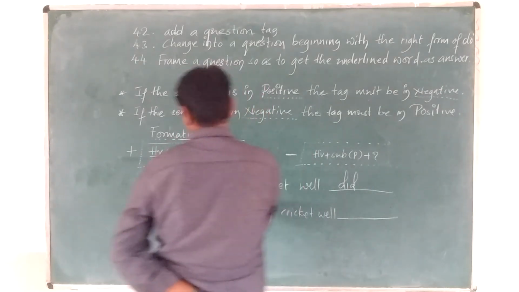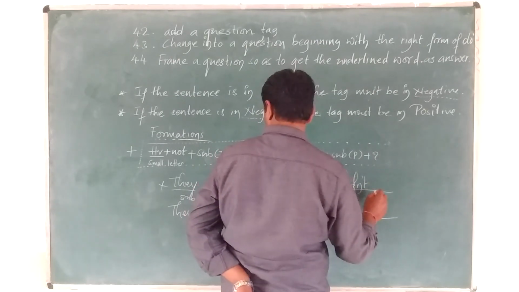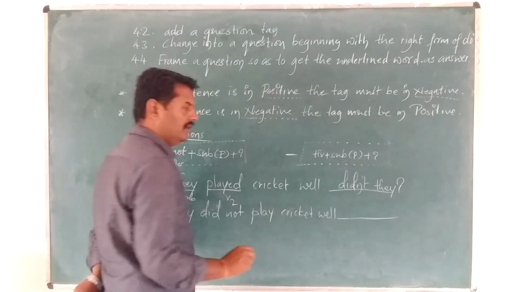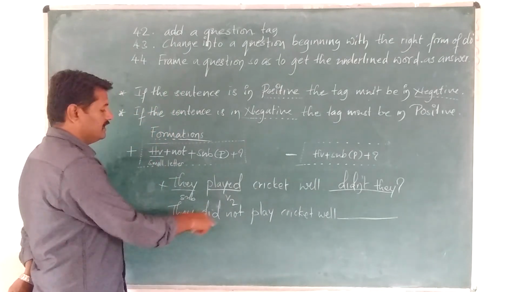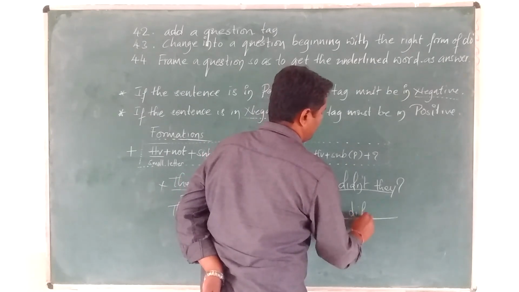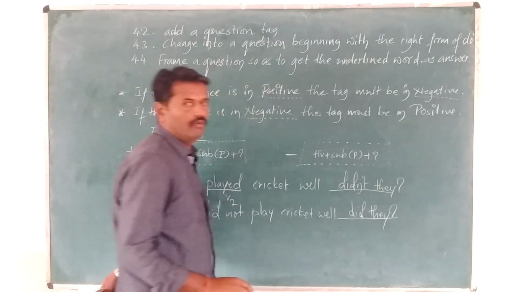The sentence is in positive, so the tag must be negative. Did plus not equals didn't. What is the subject? They. Didn't they? Okay.